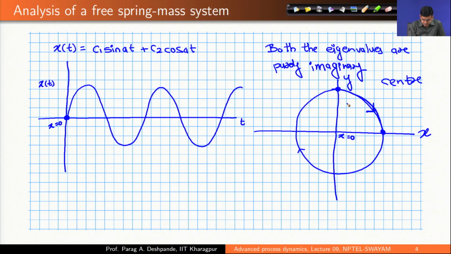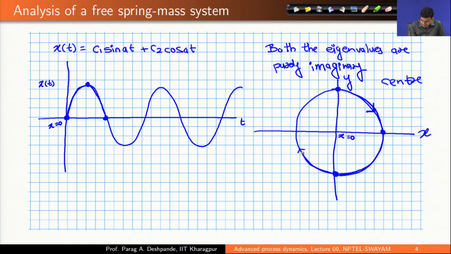This is the arrow of time, that is what I see here also. I go and reach a maxima. Once I reach a maxima, the value of x starts decreasing. Well, that happens here, and then it reaches the value 0, and then my time continues here.